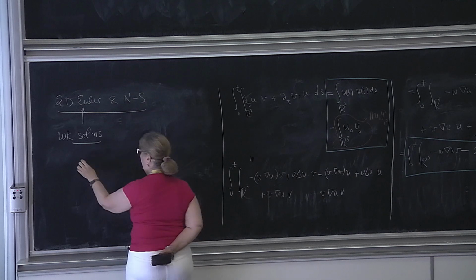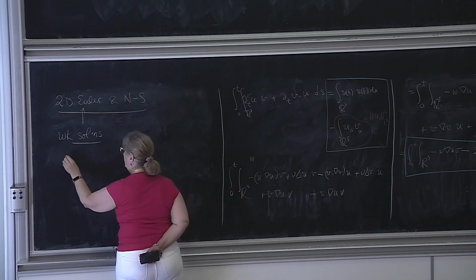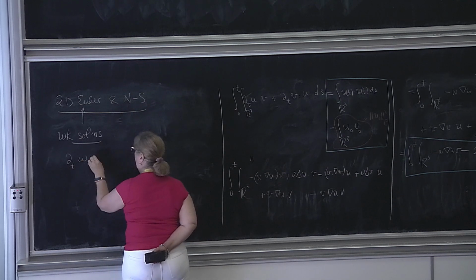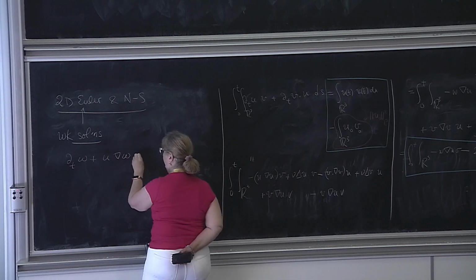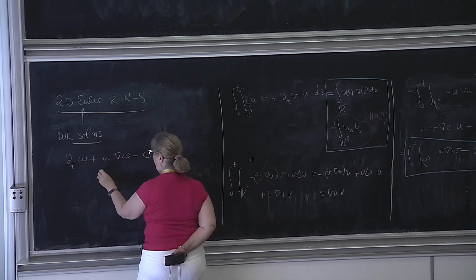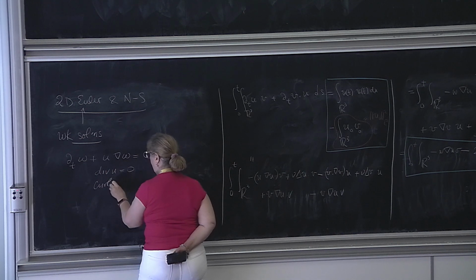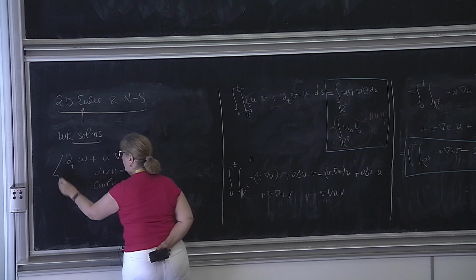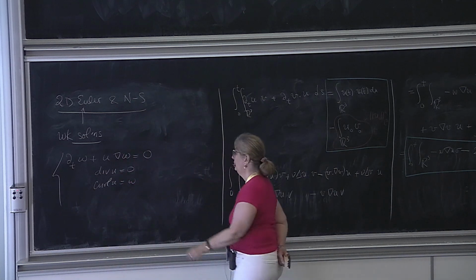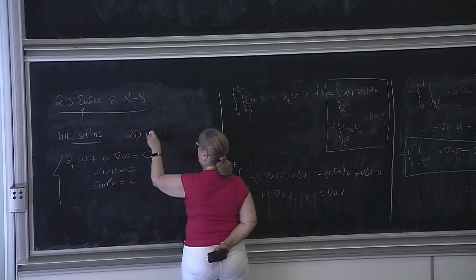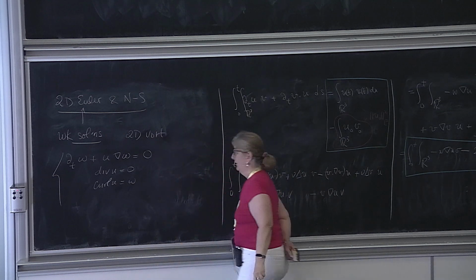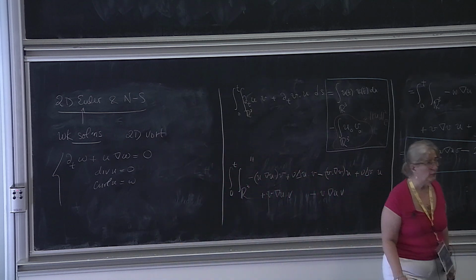So the reason that we can do this is because we have a good vorticity equation. So in 2D, we have this 2D vorticity equation.